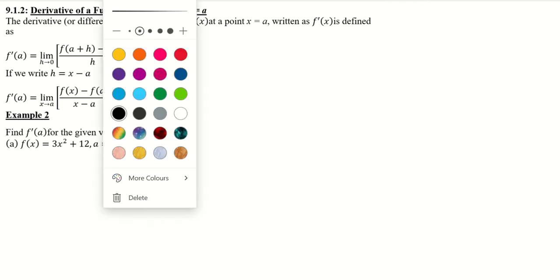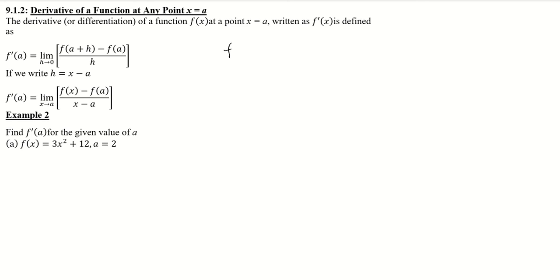which is f prime x equals the limit of h approaches 0 of f(x plus h) minus f(x) over h. We will not use this one because we already have a new formula.